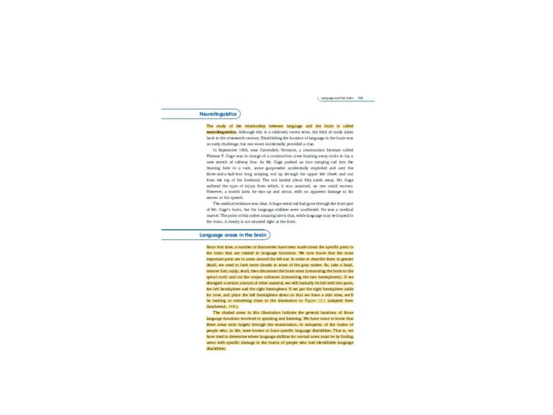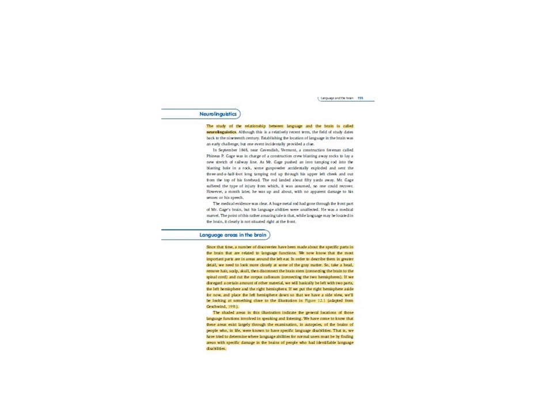These four components are shown and detailed on the next pages, and figured in figure 12.1 on the next page. We can see that the shaded areas in this illustration indicate the general locations of those language functions involved in speaking and listening.